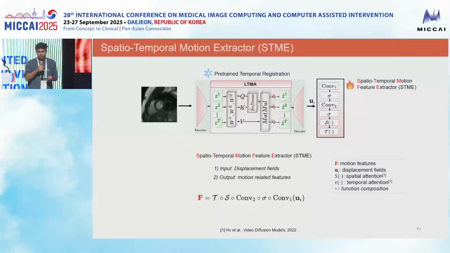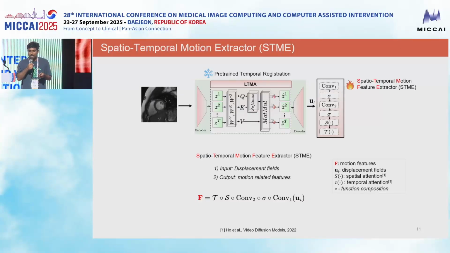Then we use this pre-trained registration network to extract motion features, because cardiac motion often has complex motion dynamics. So instead of directly providing this complex motion or displacement field as a condition to the diffusion process, we extract multi-level motion features with our spatio-temporal motion extractor.